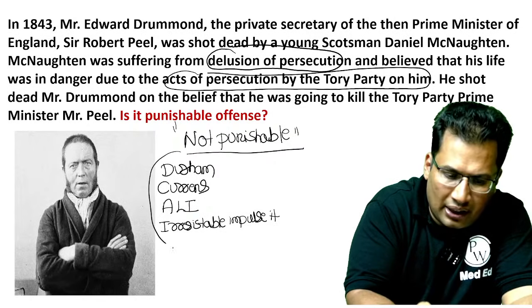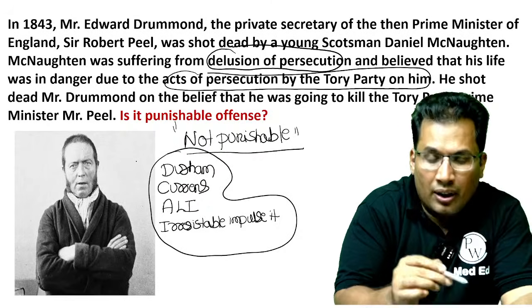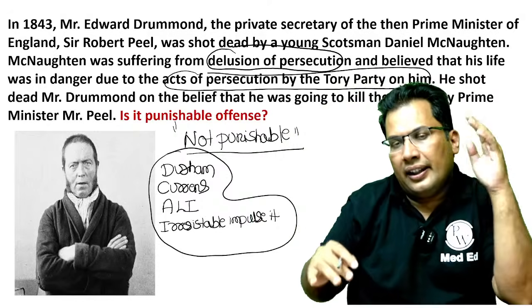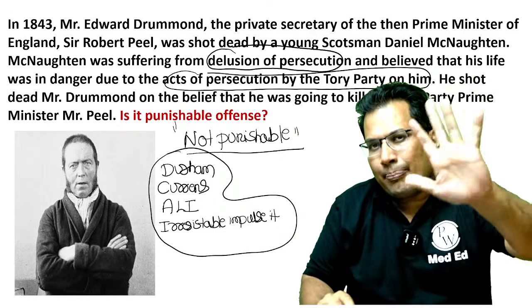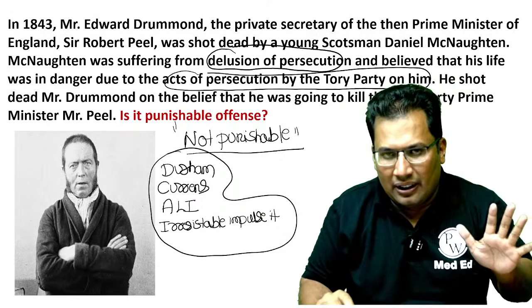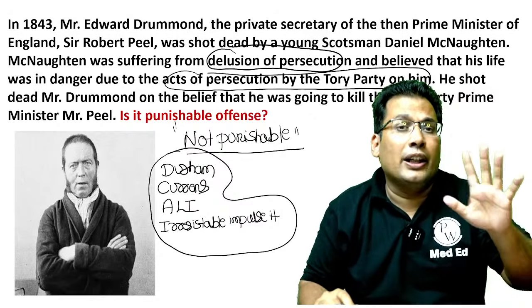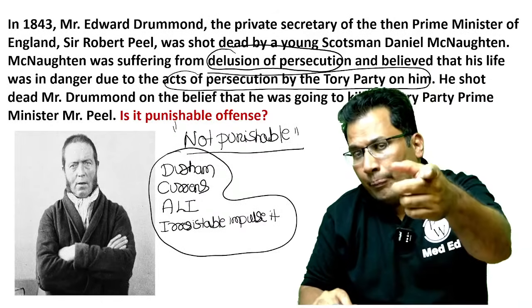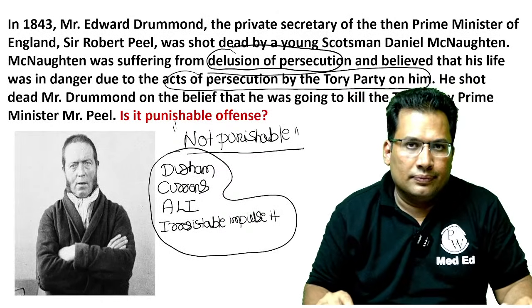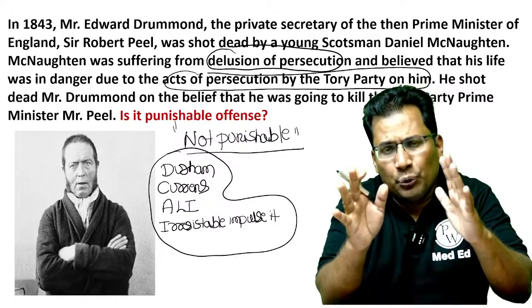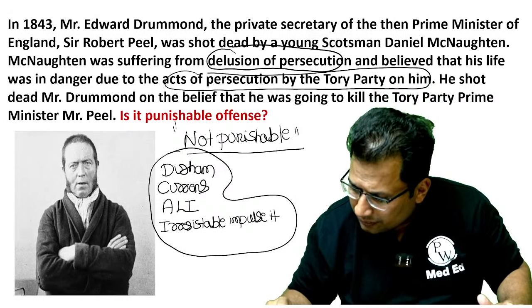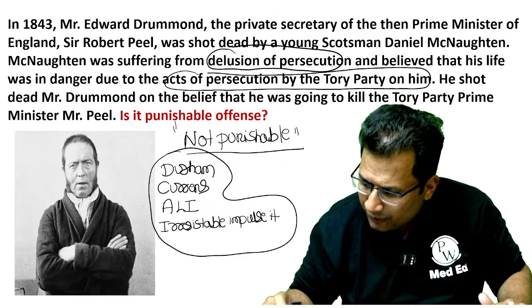So there are tests like this: Durham, Currens, ALI, and irresistible impulse test. Along with McNaughton, there are 5 rules. In India, we follow 22 BNS. That is nothing but the McNaughton's rule. I hope you understood. For your level, UG level, this is more than sufficient. Okay. Good. That's okay. बहुत बढ़िया.